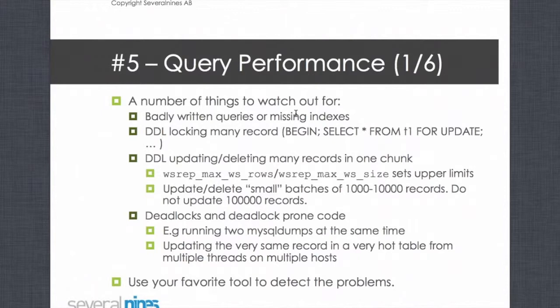Untuned queries, or queries missing indexes, will take longer to run, and they will start to eat CPU and other resources in the database, and then there will eventually be contention, and the database will be forced to spend time just scanning data and returning only a few records up to the application.